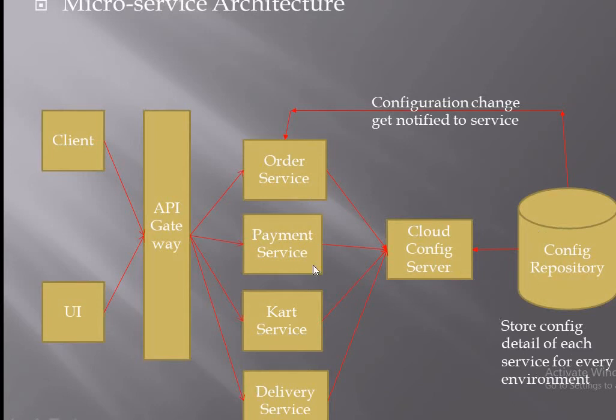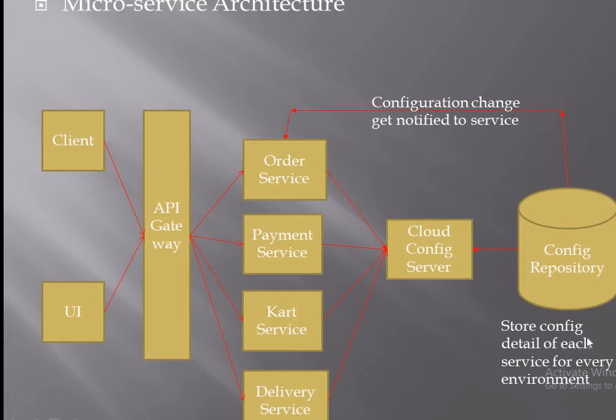When your order service is going to start, it will read the property file from the cloud config server, and the cloud config server will take those property files from the config repository or file system. For each environment you have a separate property file or YAML file. Depending on the environment that you specify, it will pull the property file with respect to that environment only.